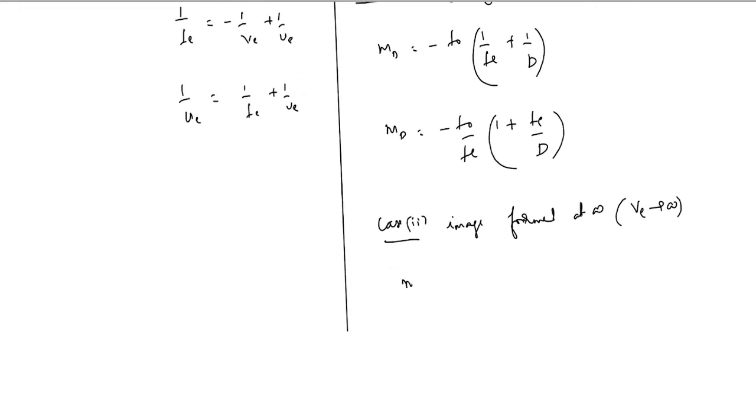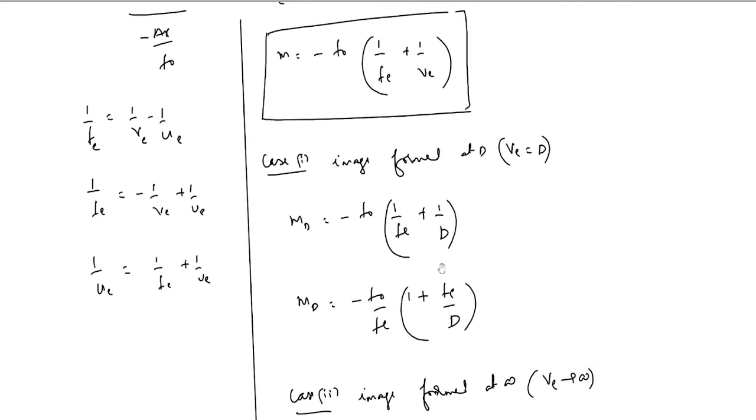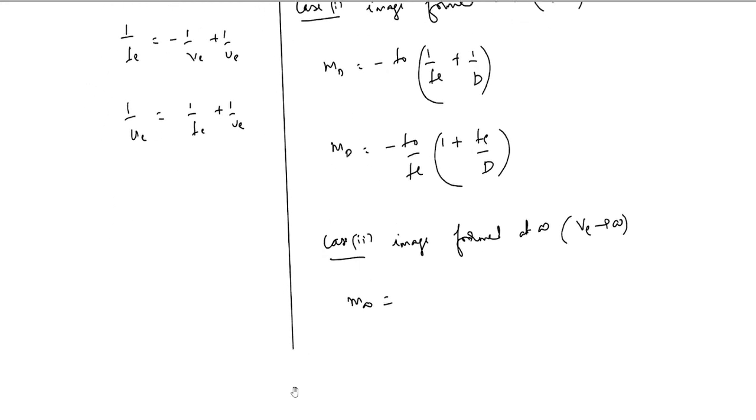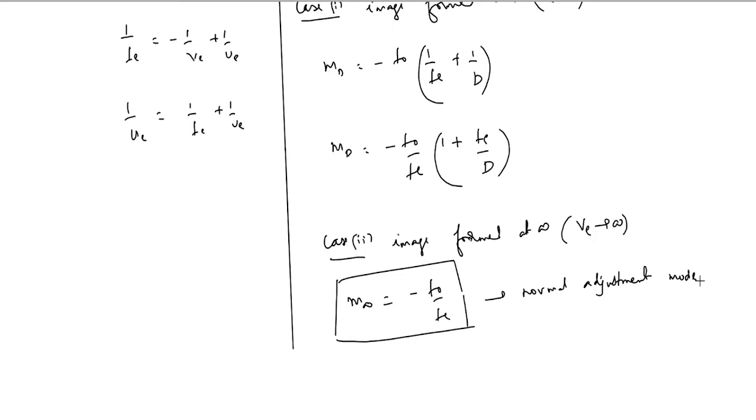In that case, we get M infinite is equal to, from the same expression, if you put the value of V to be infinity, then 1 by infinity would be 0. So what we get is minus of F naught by Fe. And this is called the condition where the object is at infinity and image formed at infinity, called the normal adjustment mode. This is what most books will be writing in the case of normal adjustment mode.